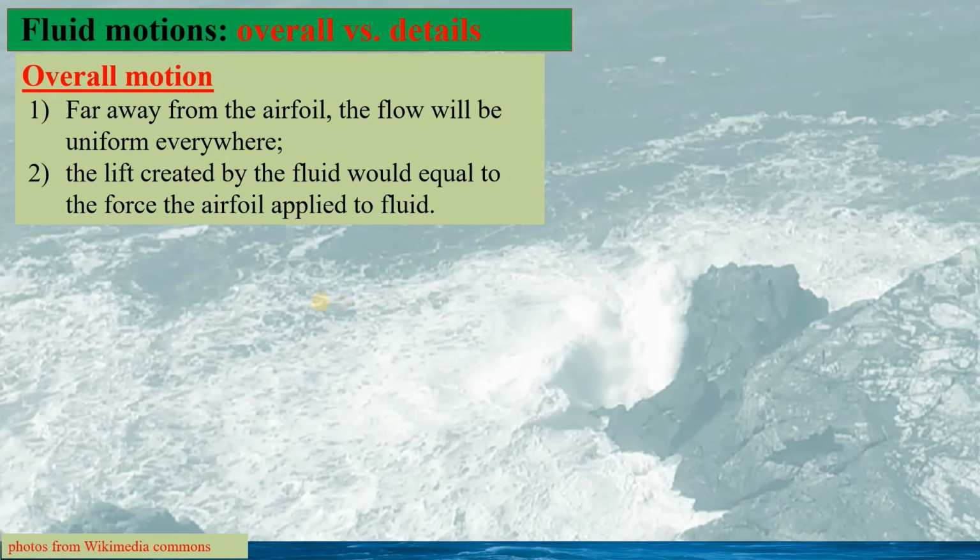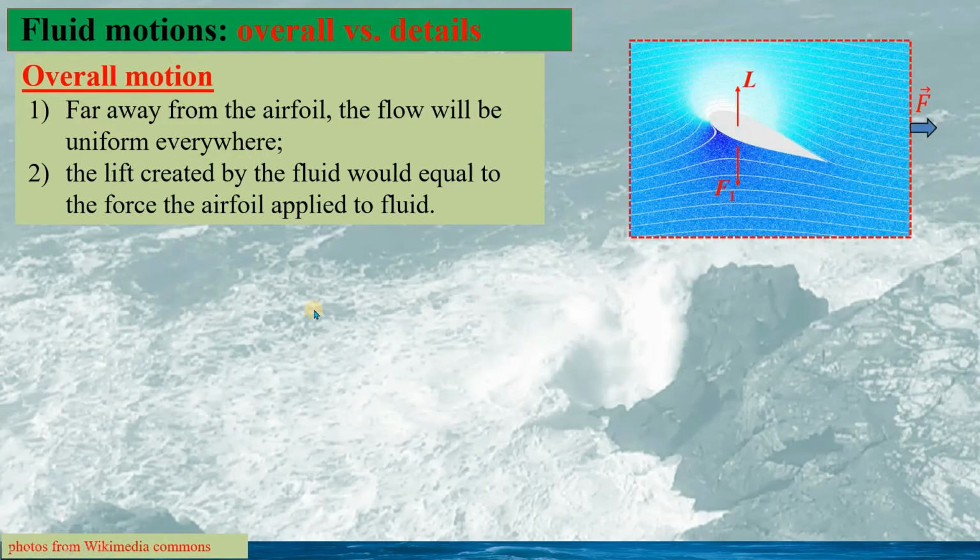Here we will examine the fluid motion in terms of overall motion and detailed local motion. If we take a large domain of fluid like this, we can see that far away from the structure, the airfoil in the fluid, the fluid would be uniform on the boundary of the large domain.